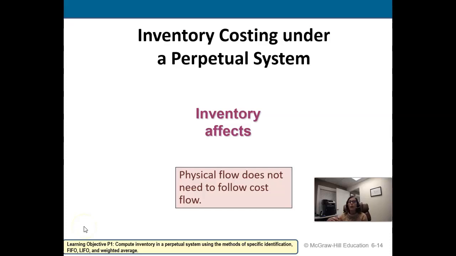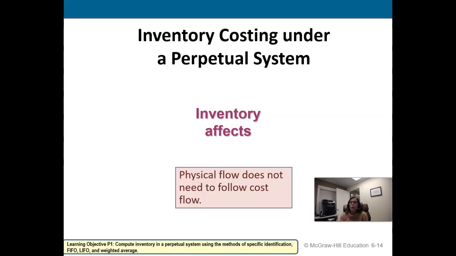The way that we track inventory in our books doesn't necessarily need to follow the physical flow of costs. In other words, we're not going in and putting a little green circle on the label of the stuff we bought this time so that we can make sure we're selling from the most recent batch rather than the last batch.